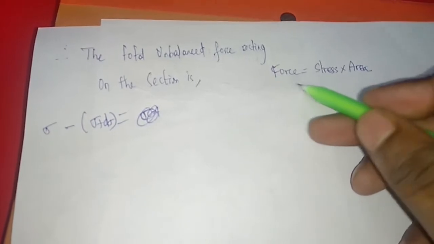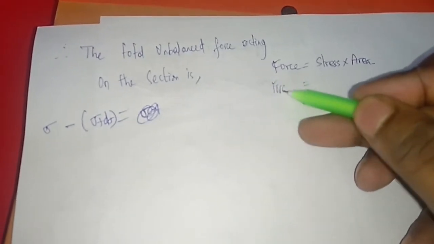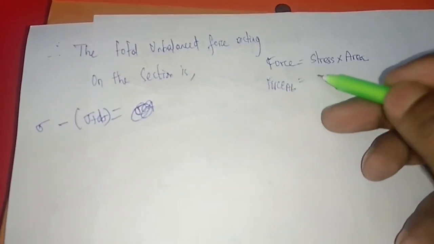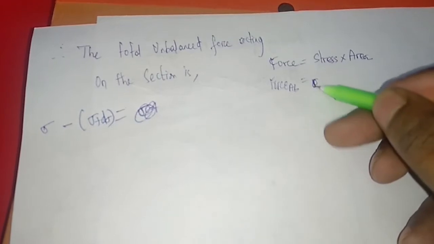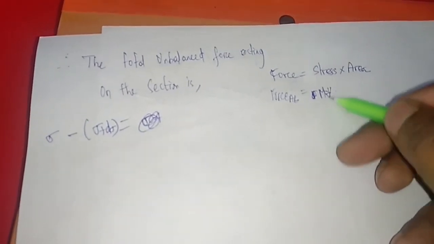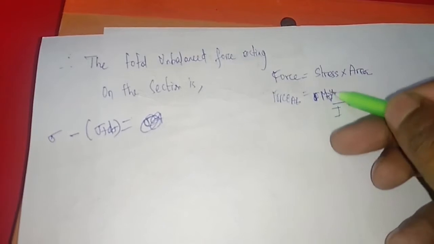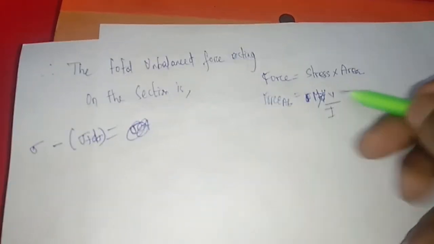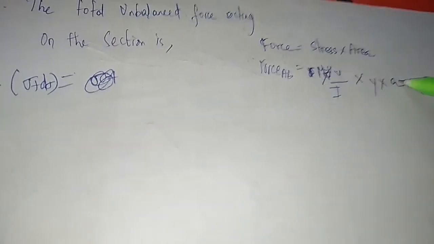Stress at the side AB is nothing but M into y by I, and the area is nothing but y into A. Okay, we are going to take it as y into A. So stress into area.